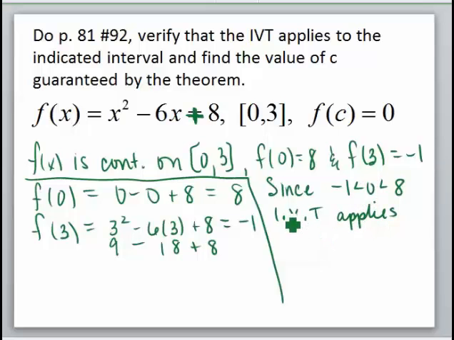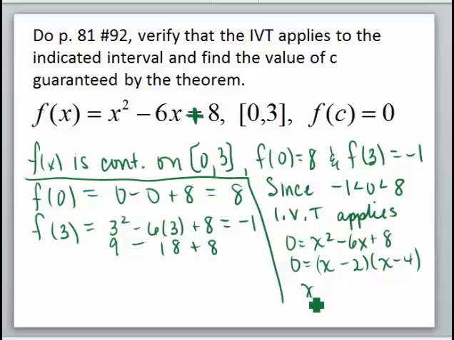So what I'm going to do is find that guaranteed value. So where does the function equal 0? We can do that just using some basic algebra. So I'm going to do x minus 2, x minus 4, and I get x is 2 and x is 4. However, x is 4 is not my answer because it's outside the interval. So x equals 2 is the one where the 0 takes place.